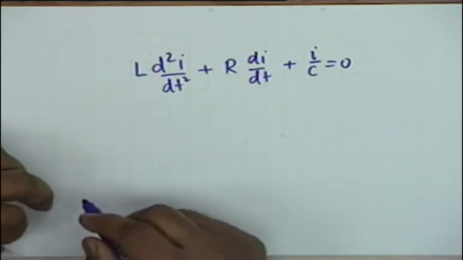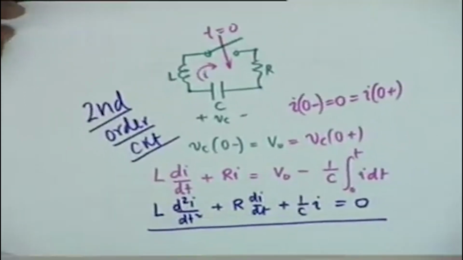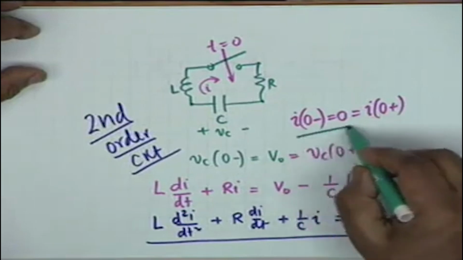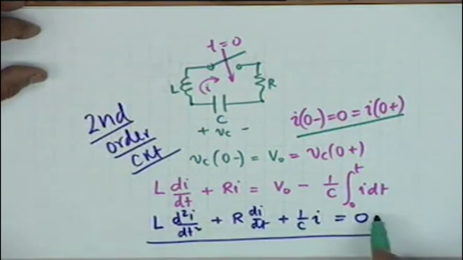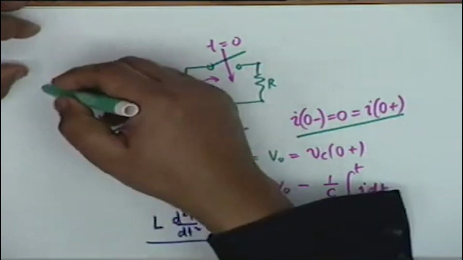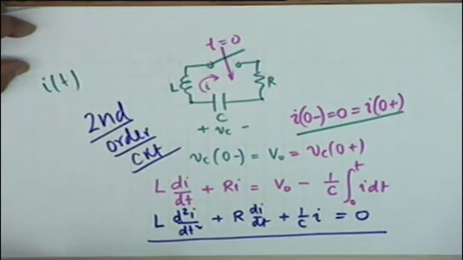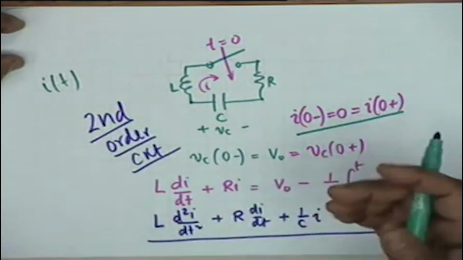I want to make a point regarding the initial conditions. Can you go back to the previous slide? Before I pass to the solution of the equation, what I am going to do is to solve this differential equation for i of t, which I shall obtain in terms of unknown constants, which I shall try to evaluate from the initial conditions.